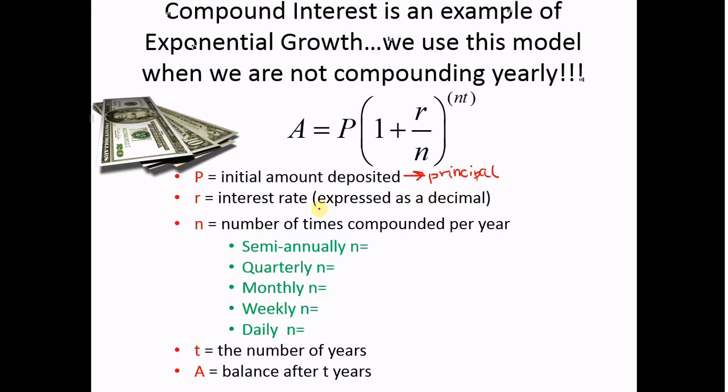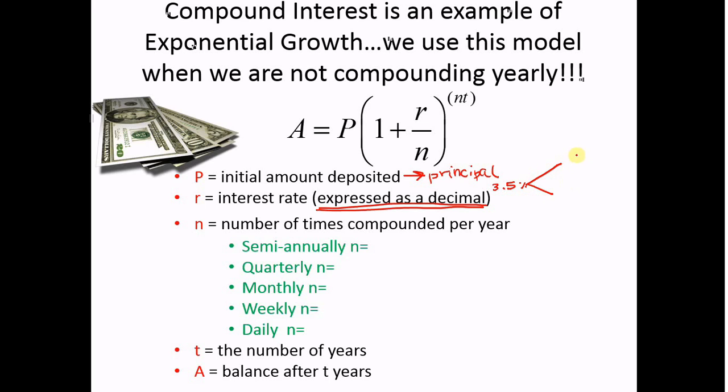Now, highlight this, underline this, something. Expressed as a decimal. Be very, very careful. So if they give you 3.5%, there are two ways to get that to be a decimal.